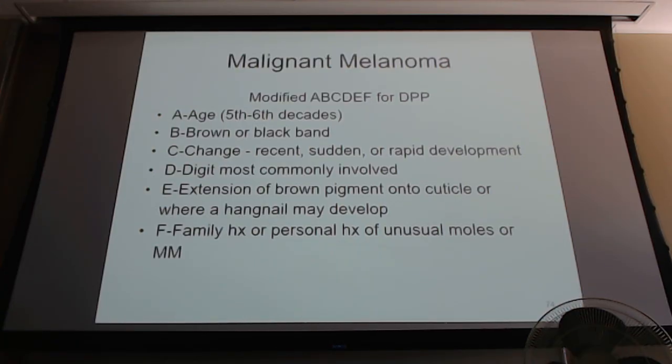Digit, most commonly involved with the dark pigmented people, right? They're having that Hutchinson sign. They'll be having that necrosis, like they're having stuff that's there that they just didn't pay attention to it. Cuticle, family history, and so on.